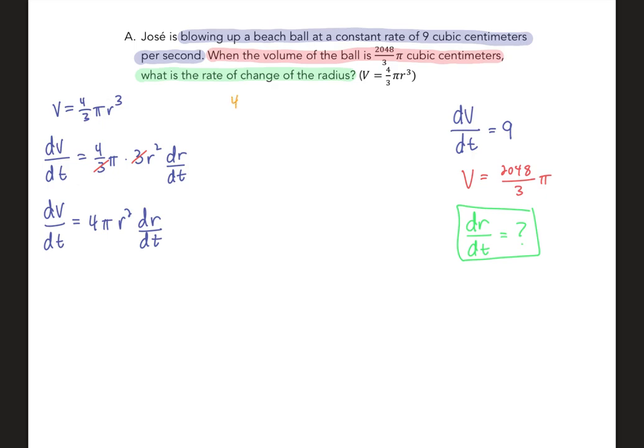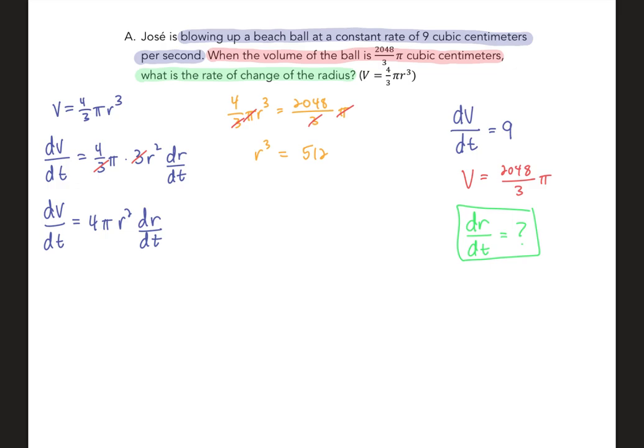So we can say 4/3 pi r cubed is 2048 over 3 pi. Then we'll solve this for r. Cancel out the pi's, cancel out the 3's, and then we can even divide both sides by 4. 2048 divided by 4 is 512, so we get r cubed equals 512.